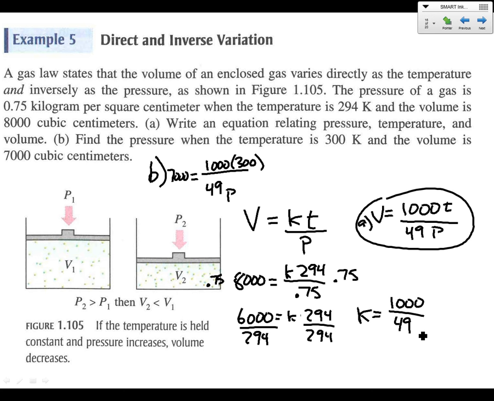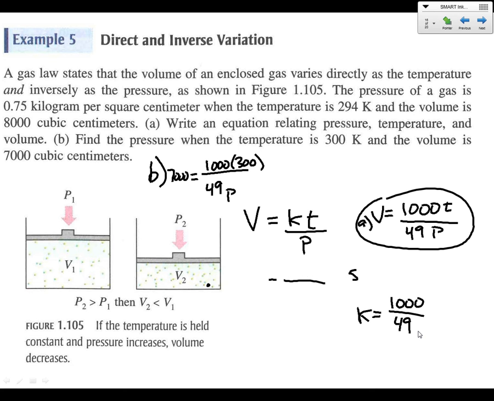All right, from here it's the straight algebra to get it by itself. Let me create a little space here. All right, so let's bring this to the top. 7,000 times 49P equals 3 with 1, 2, 3, 4, 5 zeros.